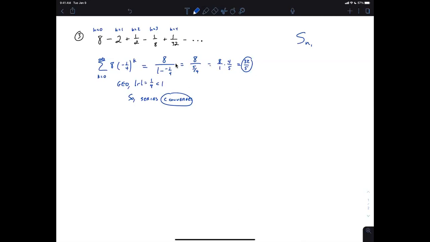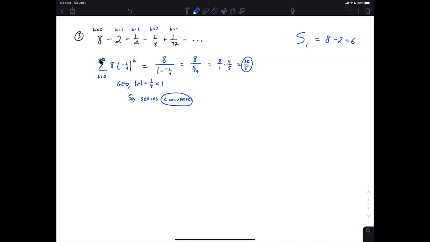If you wanted to find S_1, that would just be 8 minus 2, which is 6. That means the sum from k equals 0 to 1. Is that what you're asking me?